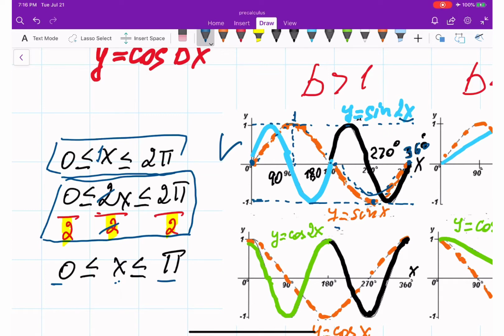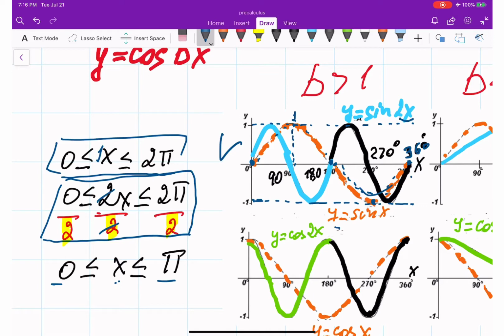What did we get? When we have 2x, our period shrinks to 1 pi. This is why here it is 1 pi. I built the blue wave that ends at 1 pi, 180 degrees.